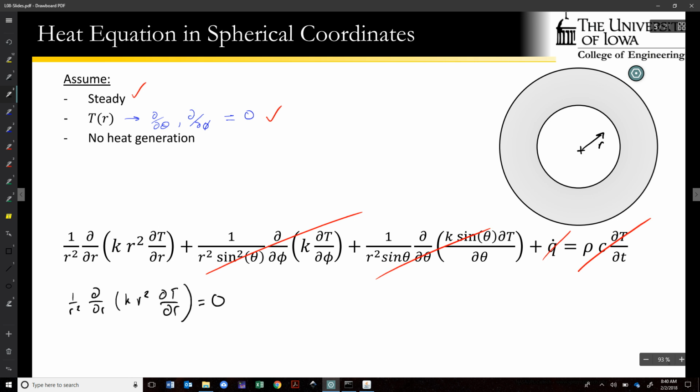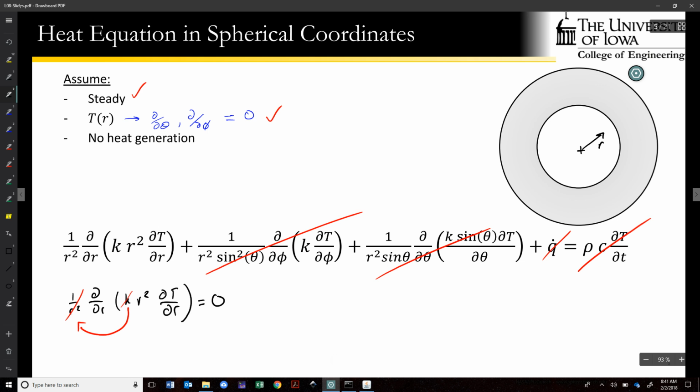Looks kind of similar to the version we worked with in cylindrical coordinates, but now instead of just a 1 over r and an r, we have those r's to the second power. If we make the assumption that we're dealing with a homogeneous material, which is usually the case in this class, k doesn't vary as a function of r, so k will come outside of this derivative, and we can divide through by k over r squared, which will get rid of those terms.